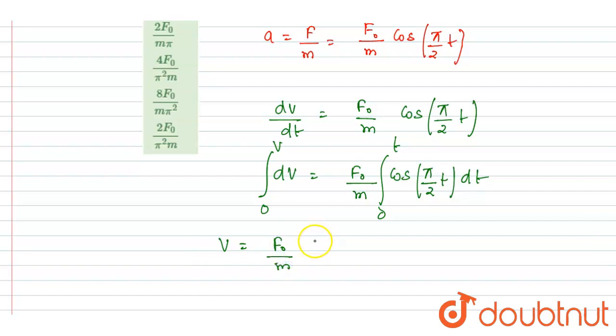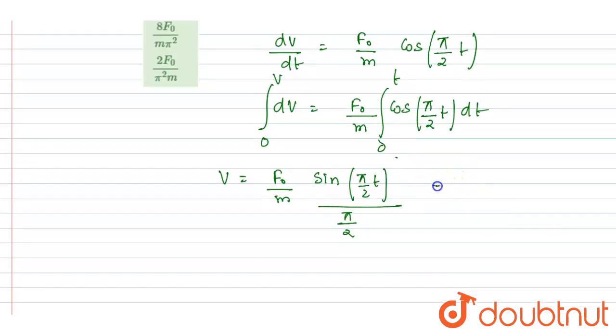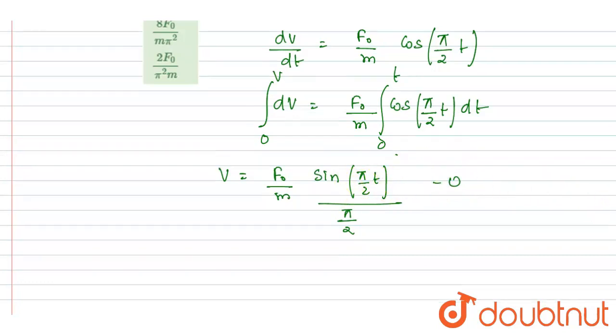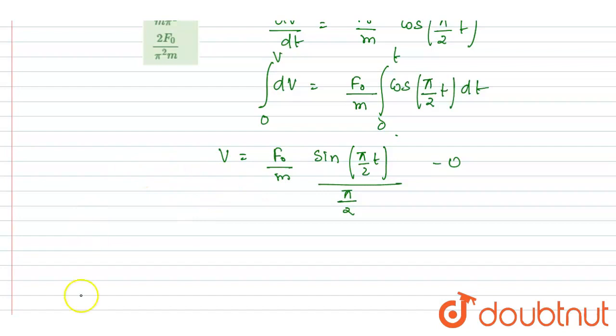The integration of cos is sine, so I will write sine, integrated with respect to pi by 2 and this, so I will divide by that. If you put the limit at t equals 0, it will be 0, and at t equals t, it will be t. So it will be this minus 0, right? At t equals 0, the function sine 0 will be 0. So we got this, right?